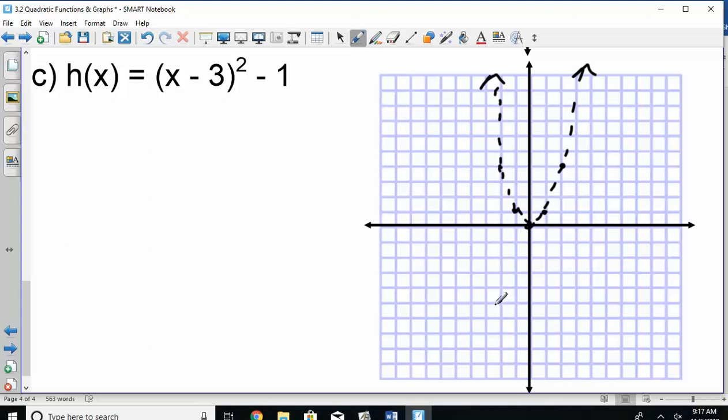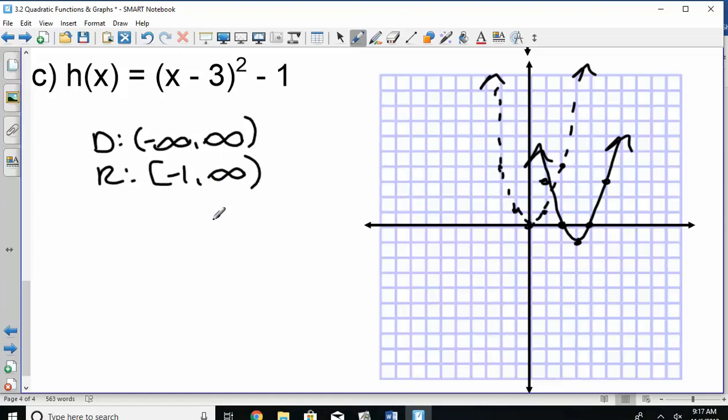What's our transformation? Okay. So it should look like that. Domain. Range.